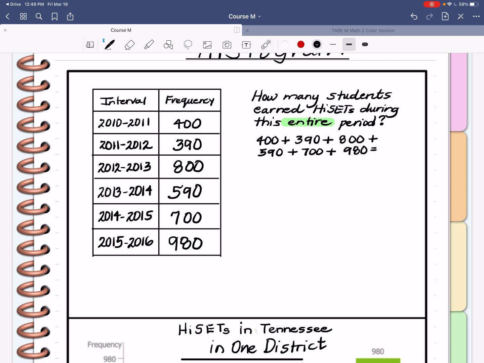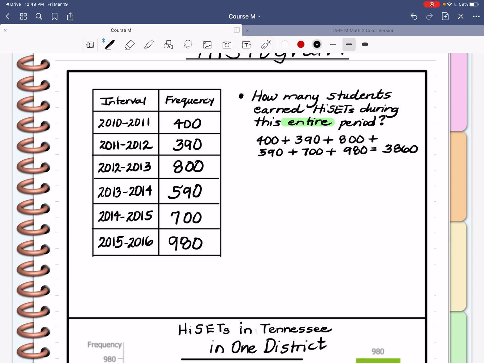You see why you need to be proficient with your calculator. I got 3860, and I wish you could talk to me to confirm that. I'm going to do it one more time because I want to do more with this data. So check your work. Remember, that's part of the ROSES process. You always need to examine your work, and I got it again, so I'll go with that.